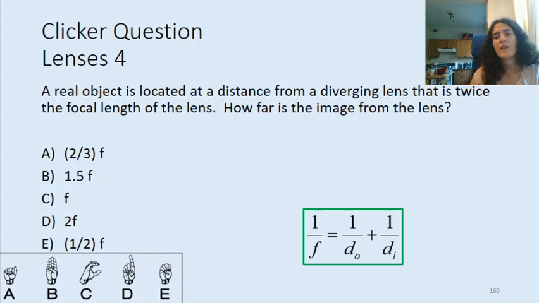So DO is negative 2F, or you could think of F as negative 1/2 DO, right? And you could plug into this equation and solve for DI.